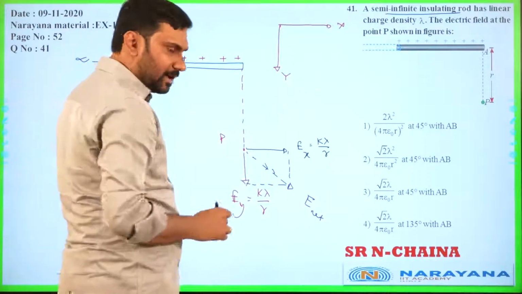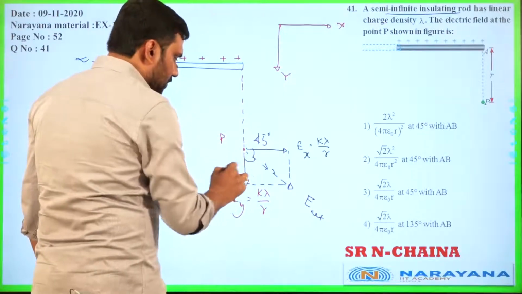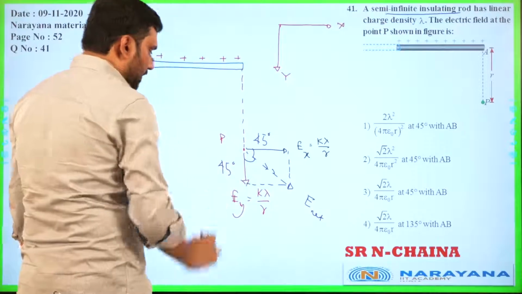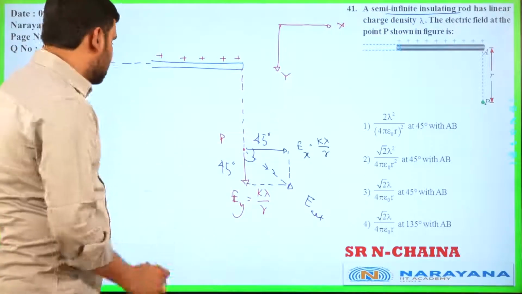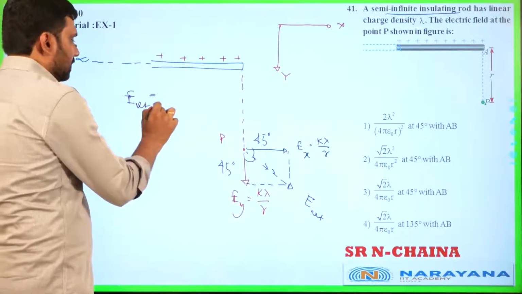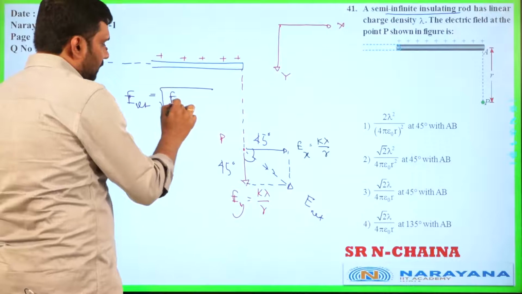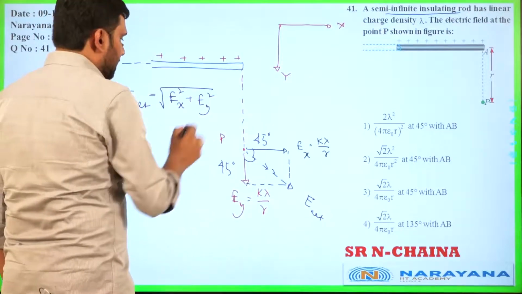Since they are of equal magnitude, these angles will be 45 degrees. This is also 45 degrees. And we know when two vectors are mutually perpendicular to each other, the resultant will be E net is equal to root under Ex square plus Ey square.